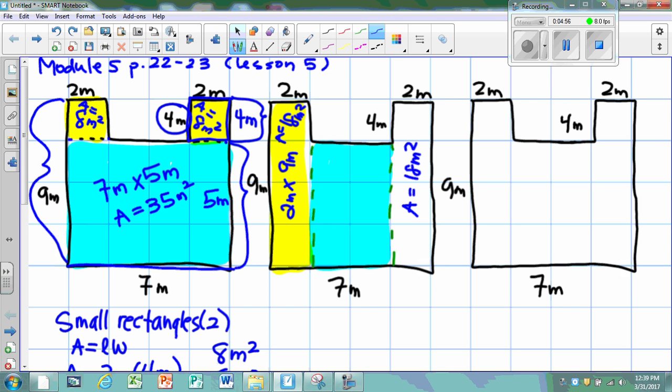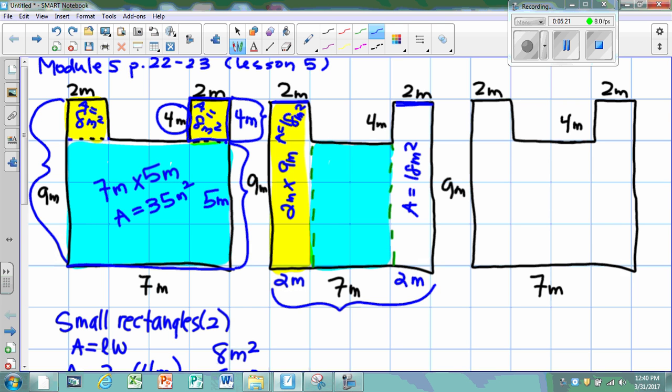And then the middle is going to be a little tricky. We know this whole length here is 7 meters. So the whole bottom is 7 meters, and if we use our understanding of rectangles again, we know the top up here is 2, so that means this bottom down here is 2. Our top up here is 2 meters, this bottom down here is 2 meters.